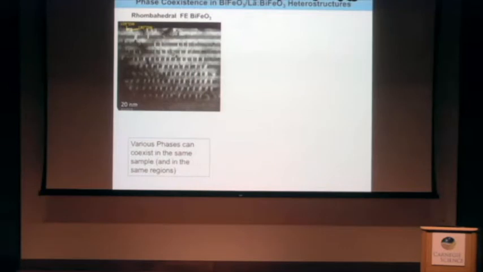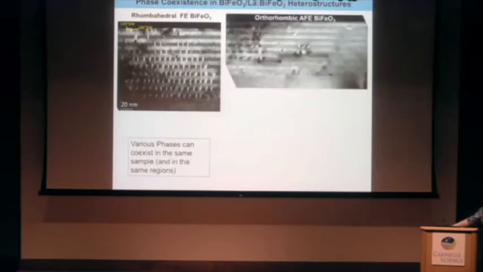So that's not the only phase we see in these films. We actually see a huge zoo of possible ferroelectric or polar systems, and they can coexist. So clearly, this interface engineering is right on the edge of some instability with the polar ordering that you get. And so here's an example where we have these nice 180 degree domain walls throughout a whole film. And here's a region where we have this orthorhombic antiferroelectric stripe phase.